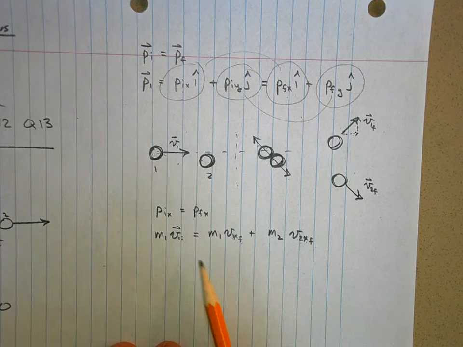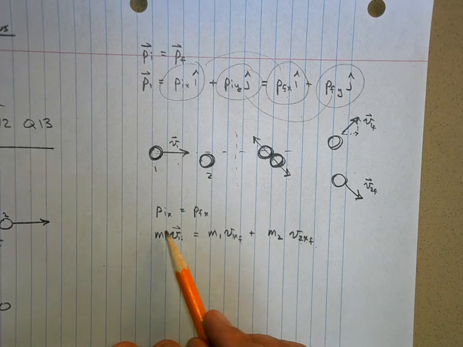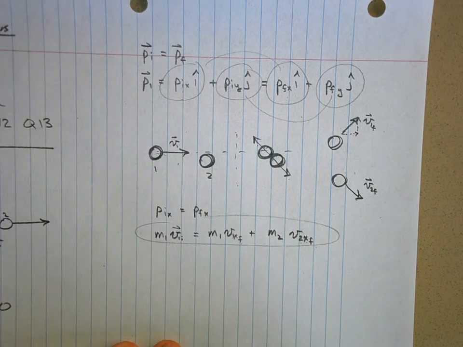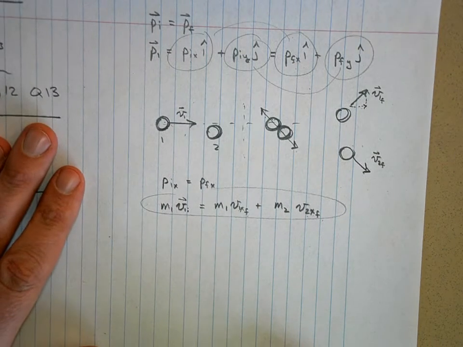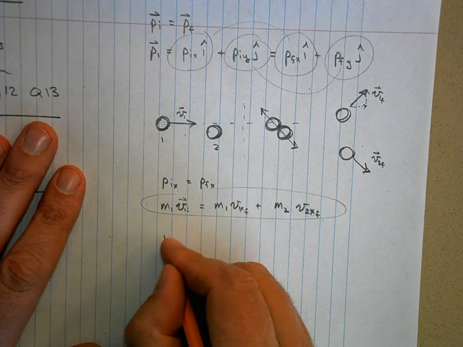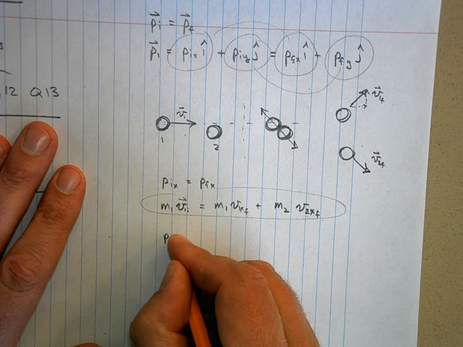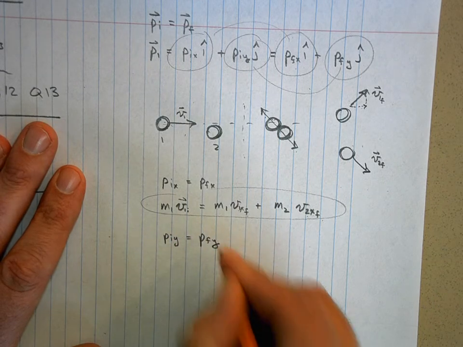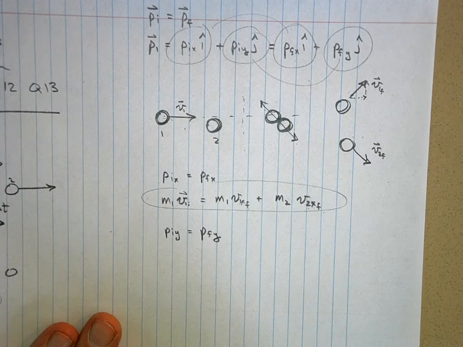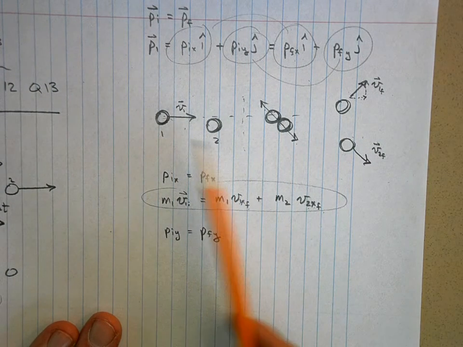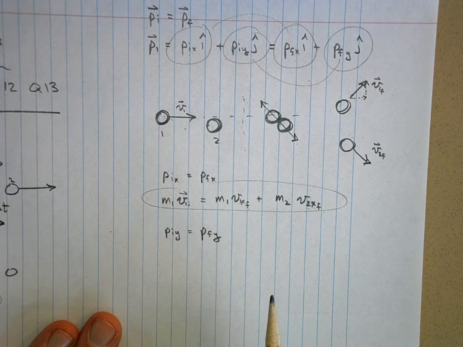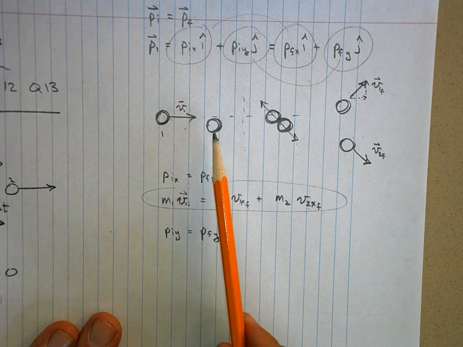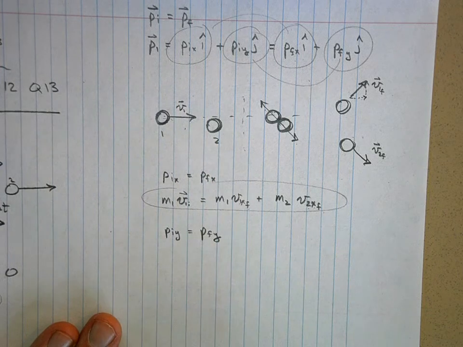Well, this gives us an equation that we can use to solve a problem depending on what's given. Okay? Then I can also go, P initial in the y direction equals P final in the y direction. Well, this is kind of nice. If you set up the problem like this, how much momentum is in my system in the y direction before the collision?